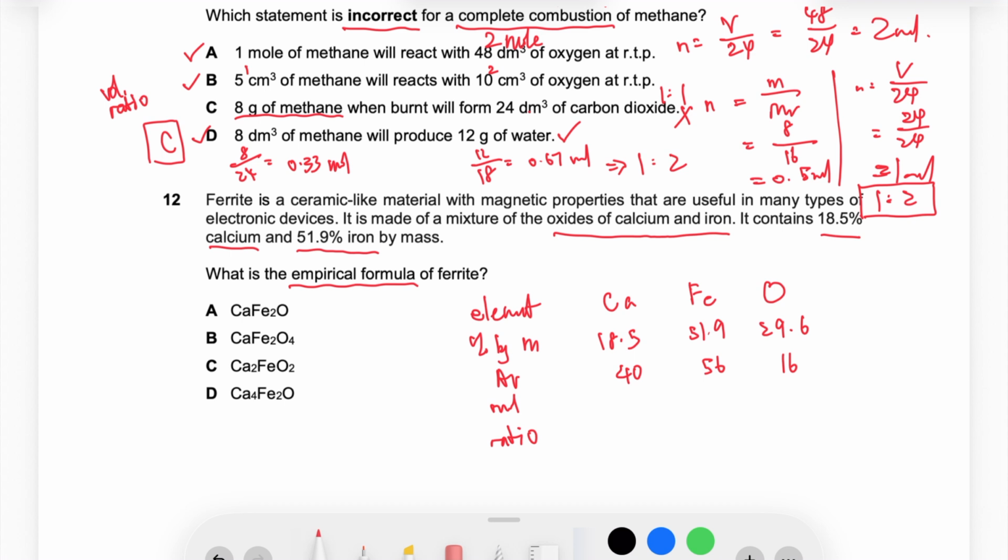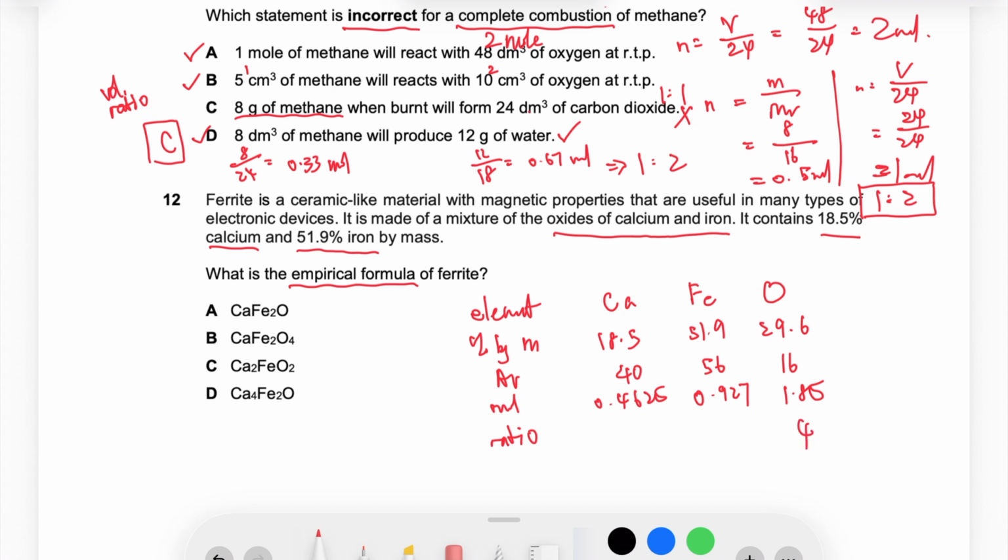So 18.5 divided by 40, you get 0.4625. 51.9 divided by 56, you get close to 0.927. 29.6 divided by 16 is 1.85. Then everyone divide by 0.4625, the smallest number.